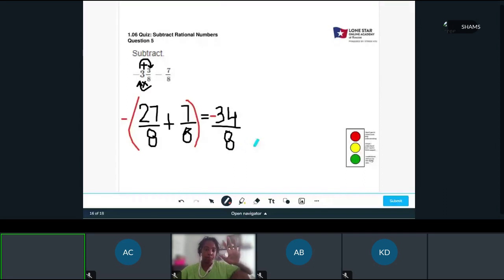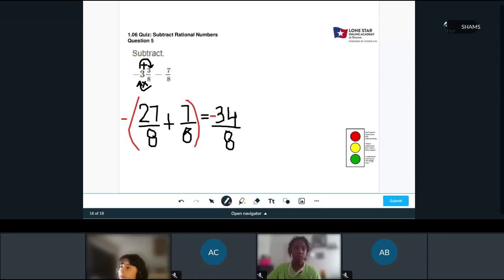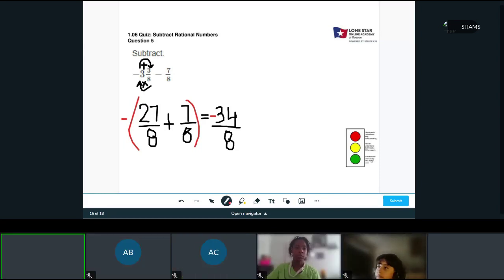Think about how many 8s will go into 34. Grace, you will help me here. Your screen is frozen, and also I think you have to divide. Very good. Is my screen frozen? Do you guys see negative 34/8 on my screen? Yes. Then, yes, we will divide to get the answer.